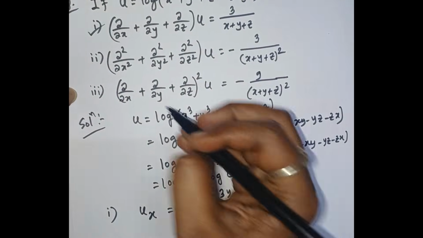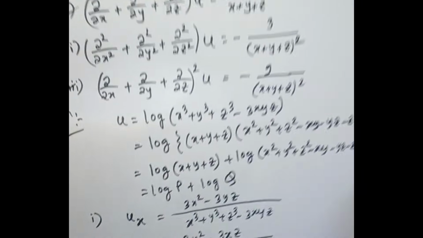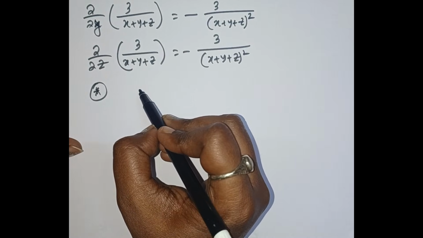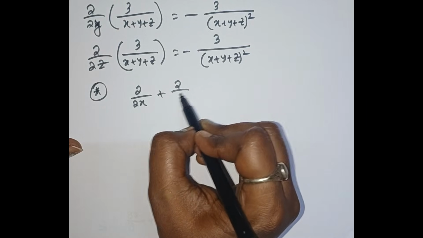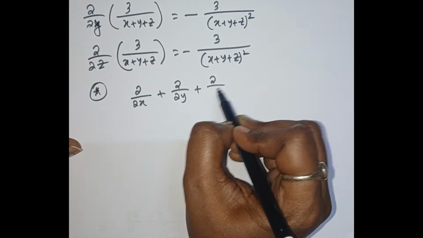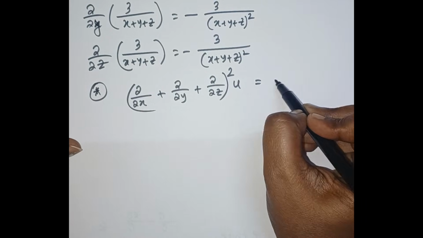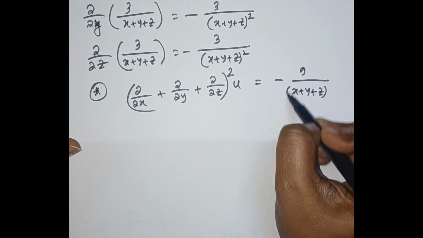So in the question, part 3 is done. Now only part 2 remains to be proved. This is the main important part. So we have del x plus del y plus del z whole squared u equal to minus 9 by x plus y plus z whole square.